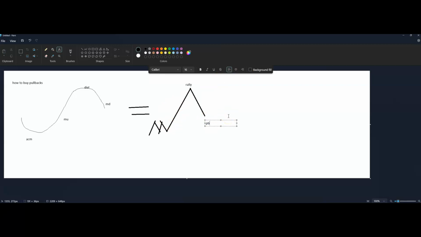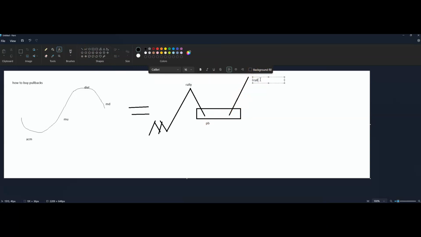So what happens when you have rallies and pullbacks is you're trying to catch a pullback so you can get the next rally, right? So you're trying to catch the next pullback in order to profit off the next rally. That's the goal.